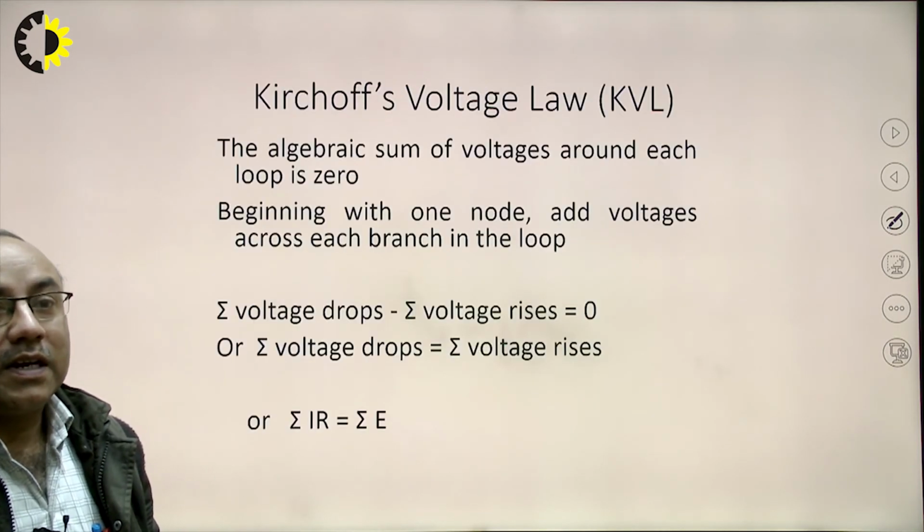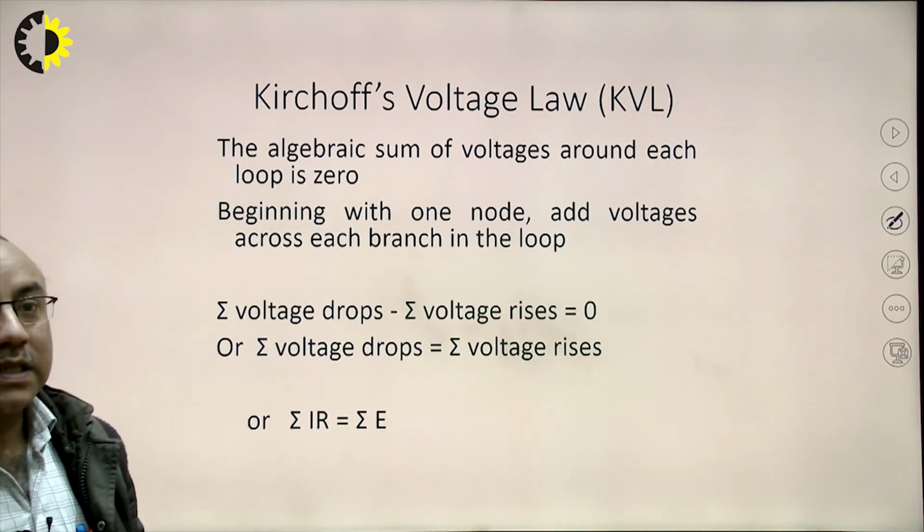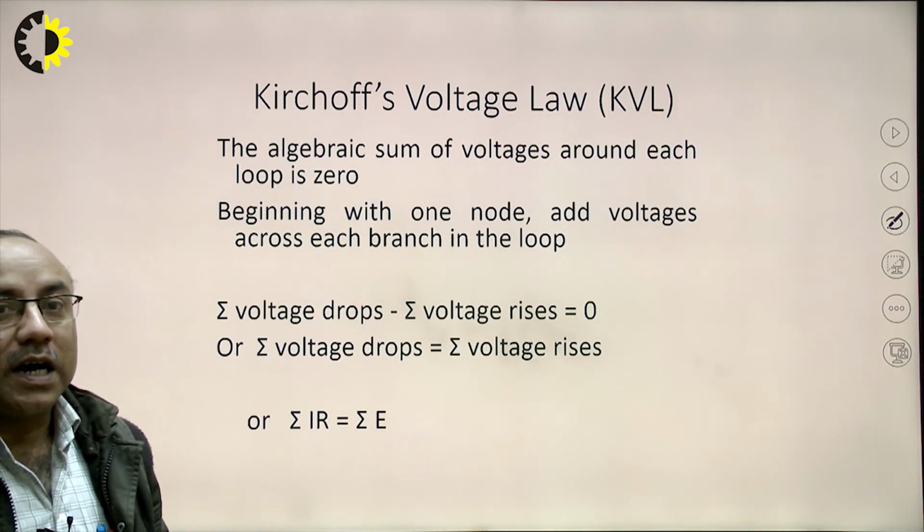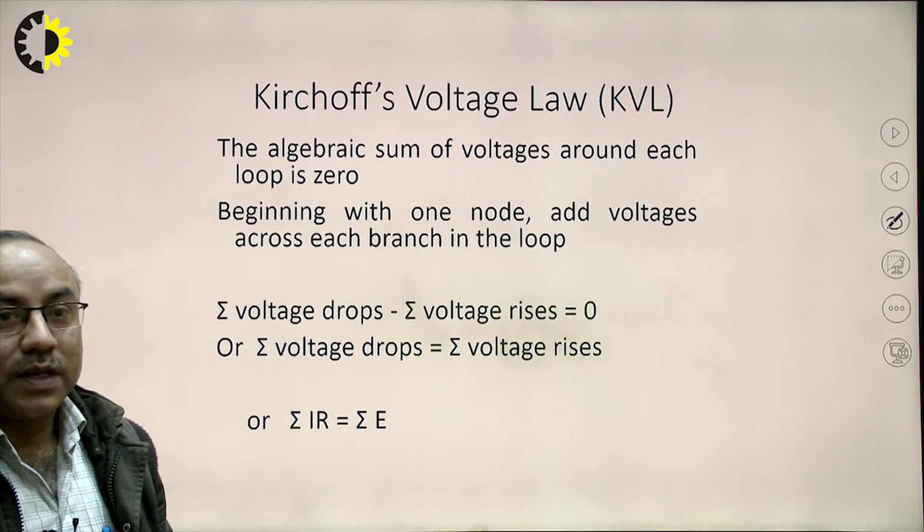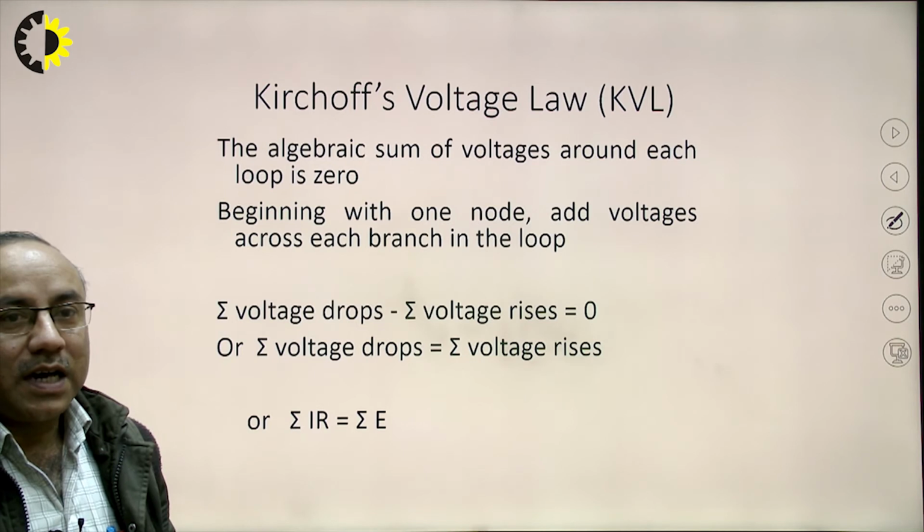Next we have KVL, as per which the algebraic sum of the voltages around each loop is 0. So, if we begin with one node and add the voltages across each of the branches in the loop, then we apply this KVL in the loop.